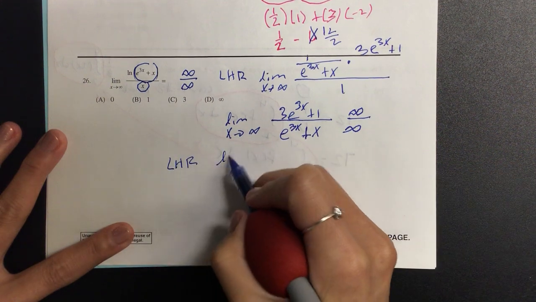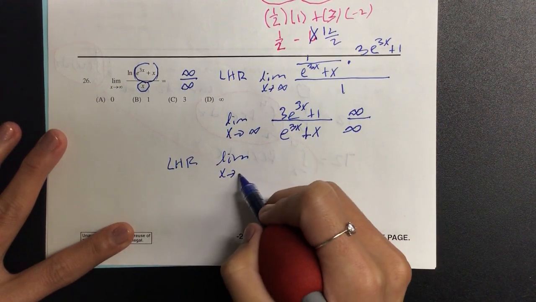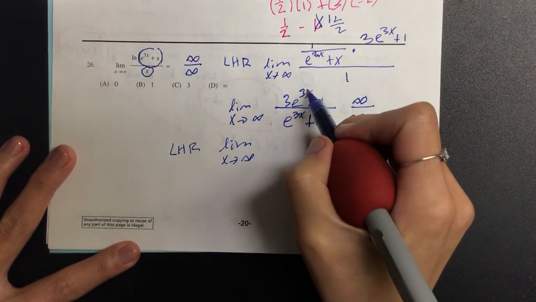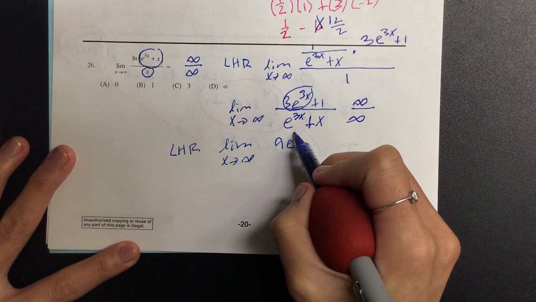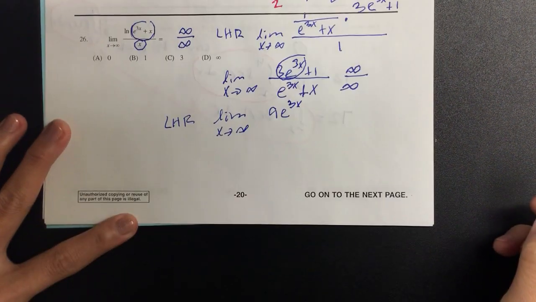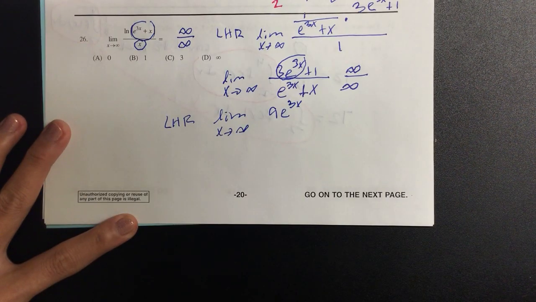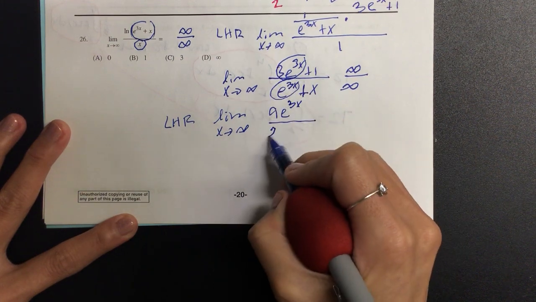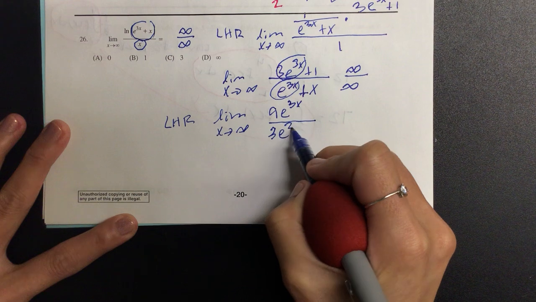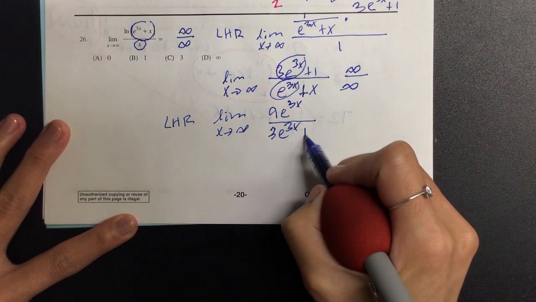So then we have the limit as x approaches infinity. The derivative of this guy right here is going to be 9e to the power of 3x, because I'm automatically multiplying by the power. Over, the derivative of this one is going to be 3e to the power of 3x, and then we have that plus 1.